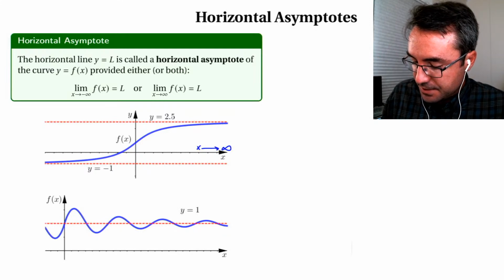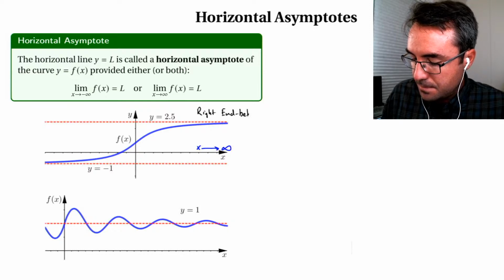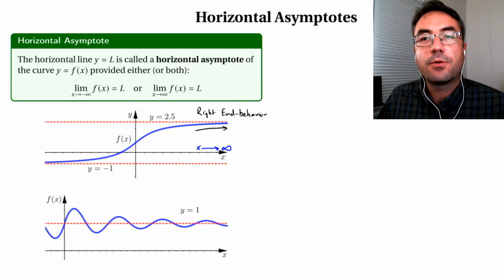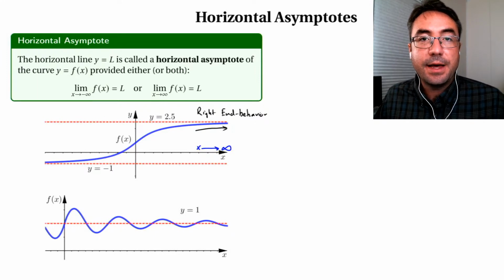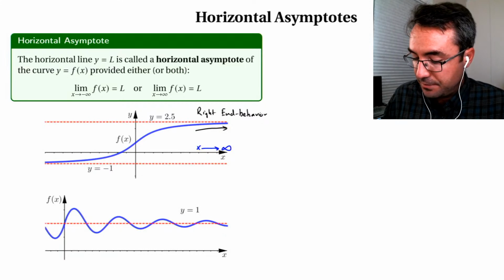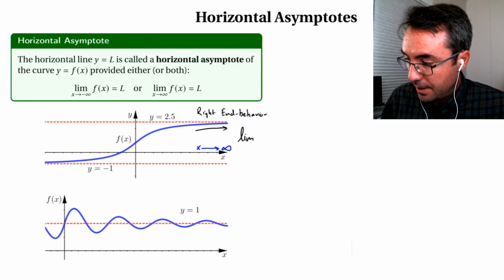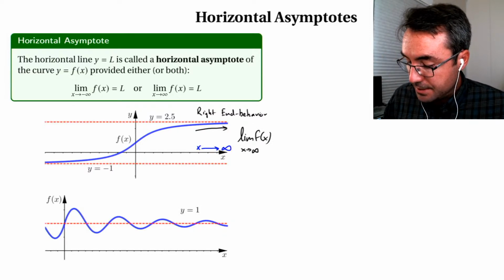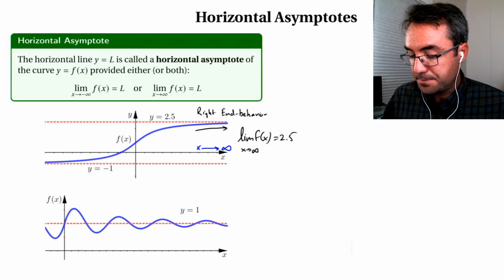And in this case, if we look at our graph, it looks like the value of our graph is getting closer and closer to that line y equals 2.5. So it looks like the height of our function as x approaches infinity here, as we move further and further to the right, is equal to 2.5.